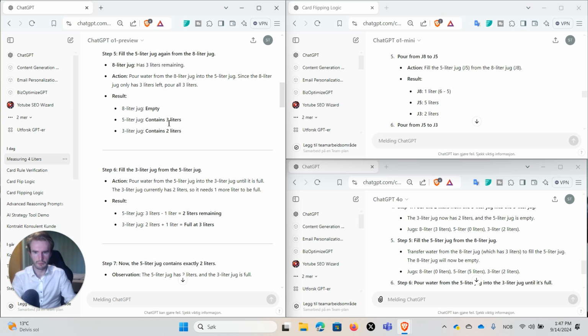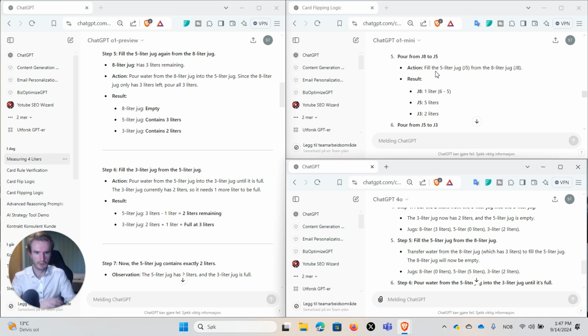And it ends up with empty 3, 2, okay, empty. Okay, here it goes to 5 liters, and here it goes to 3 liters. Okay, it contains 3 liters here. It contains 5 liters here, and here it contains 2 liters.